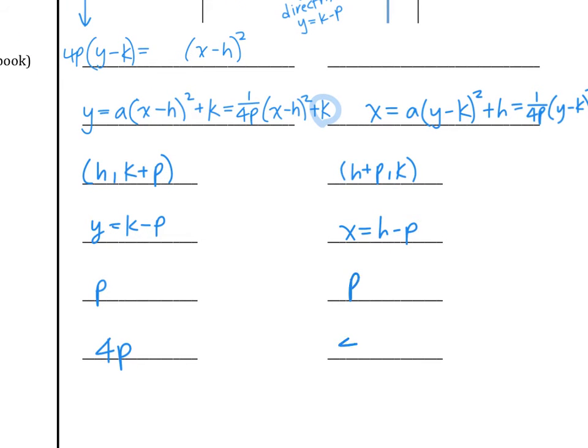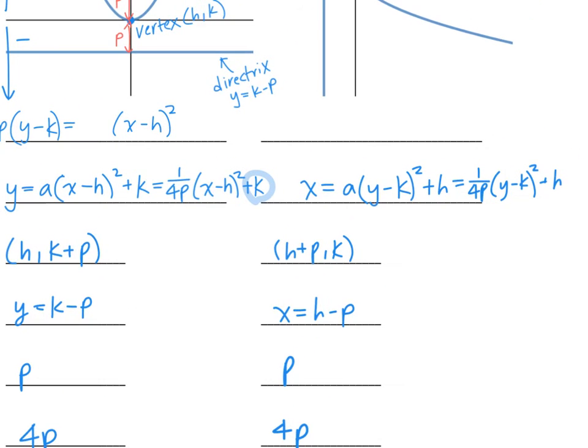P and 4P. All right, Trey, do you have the standard form? 4P parentheses x minus h parentheses equals parentheses y minus k parentheses squared. Yes, very good. All right, you guys are very good.